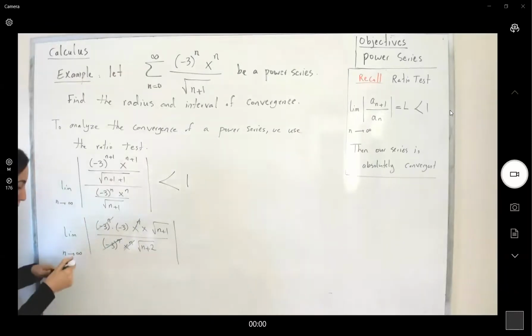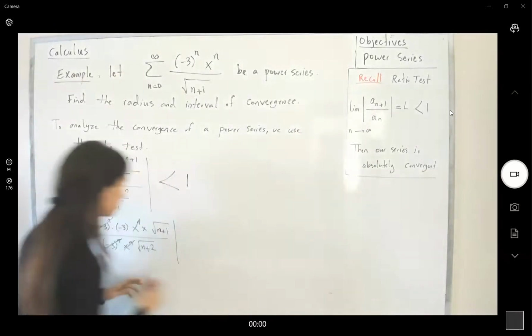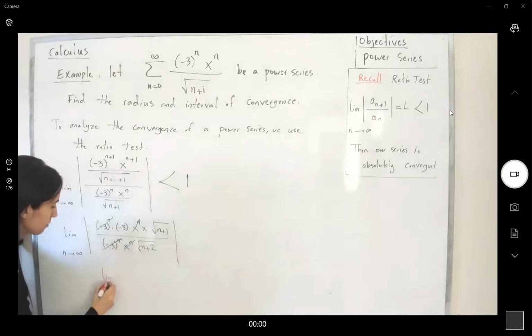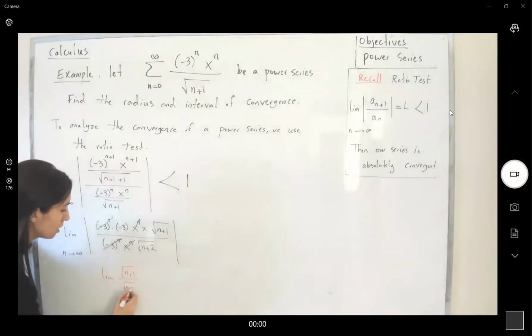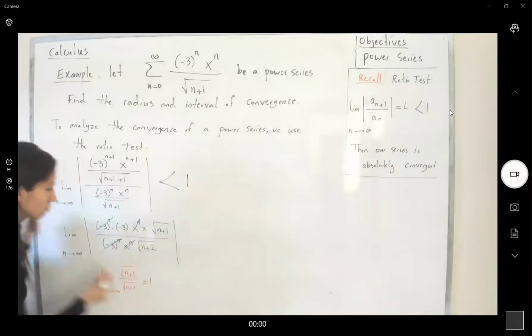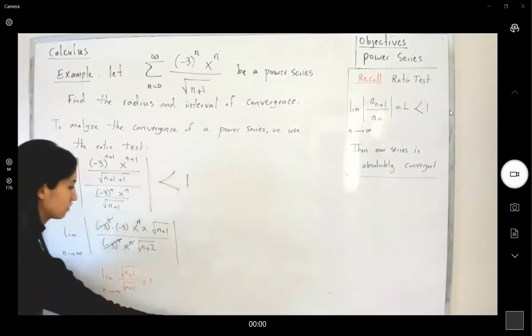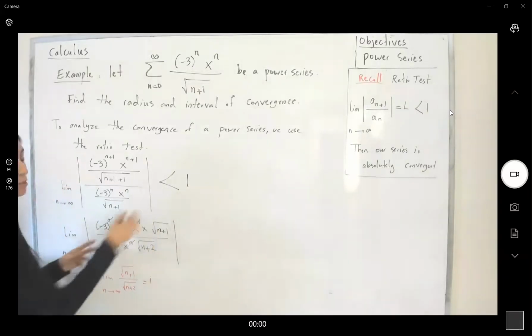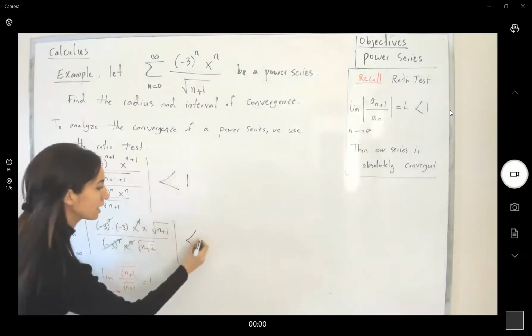Recall that the limit of square root of n plus 1 divided by square root of n plus 2 while n goes to infinity is equal to 1. So it tells us that this limit by the ratio test must be less than 1.